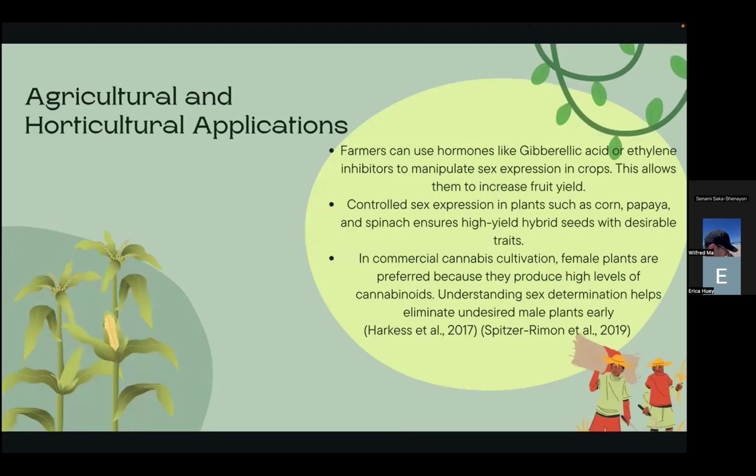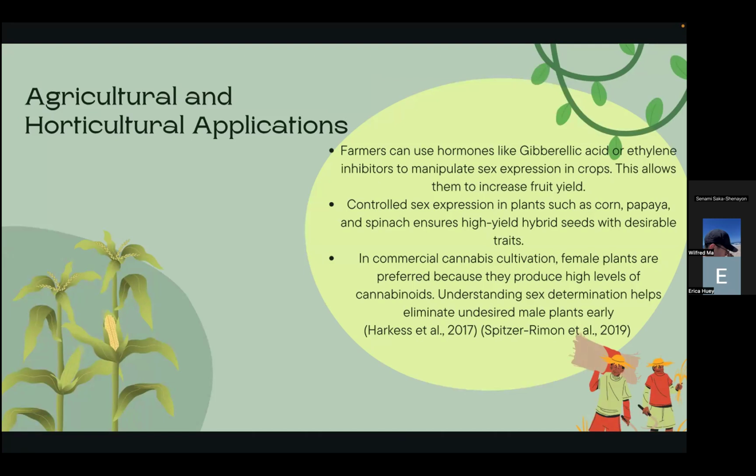Lastly, sex determination in plants helps with agricultural and horticultural applications. Understanding sex determination in plants helps farmers select for traits that they want in certain plants.